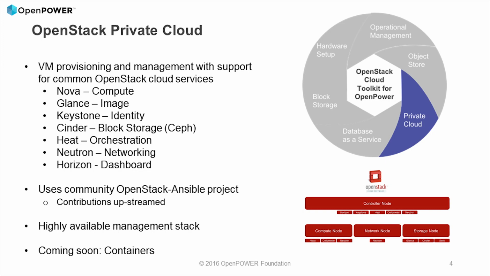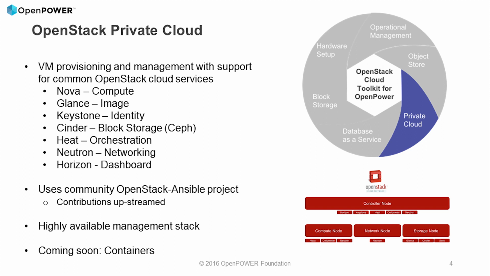Okay. So OpenStack private cloud, of course, when we say private cloud, what we mean are the standard VM as a service and supporting complement. So we will stand up Nova for compute. These are OpenStack terms for those who are not familiar. OpenStack likes to give cute names to all of their services.